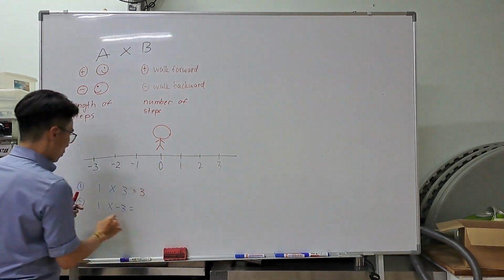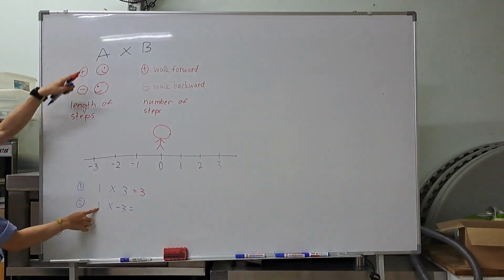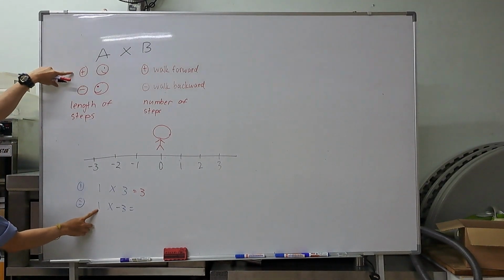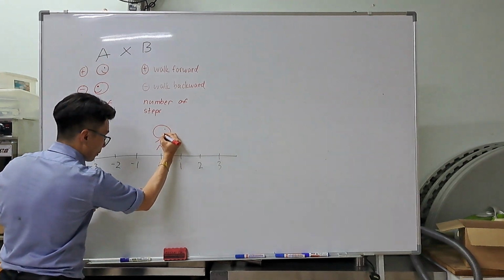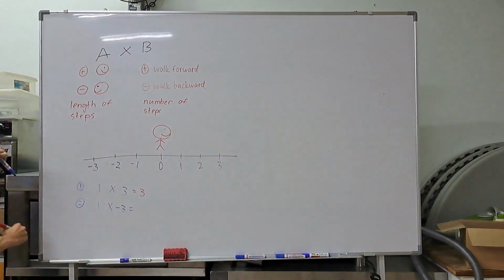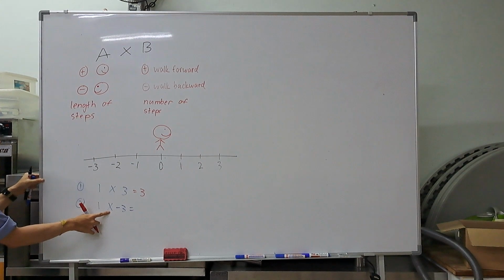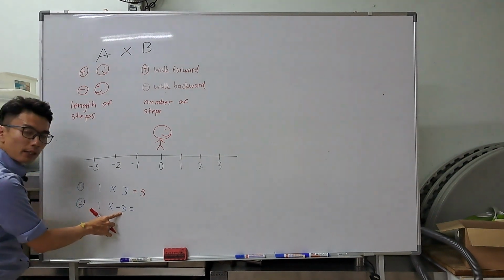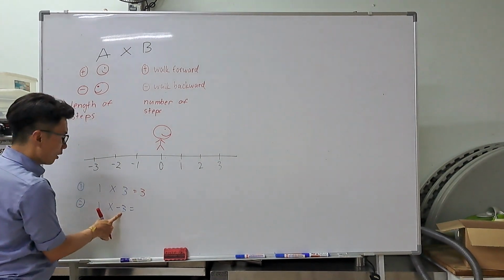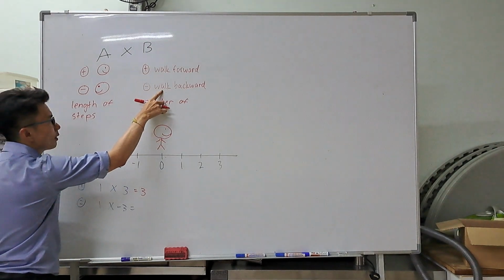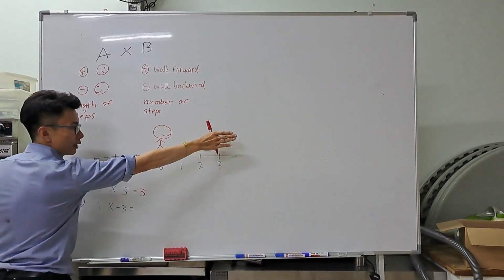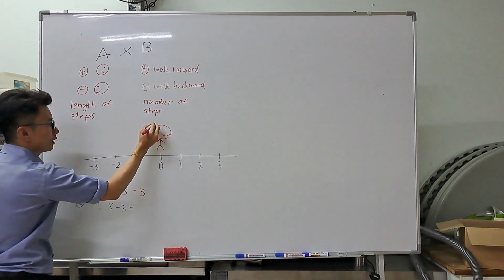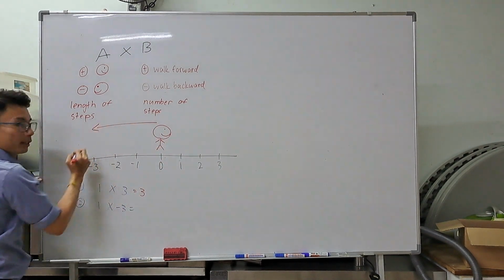Again, a is a positive number, so I am facing to the right. But this time, I am multiplying by a negative number, which means I have to walk backwards. Since I'm facing in this direction, my backwards is this direction.